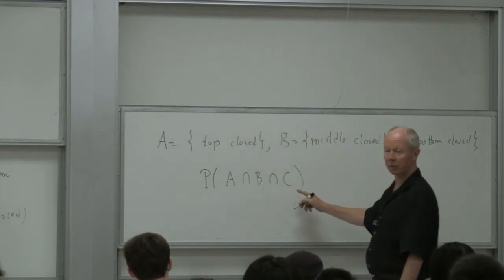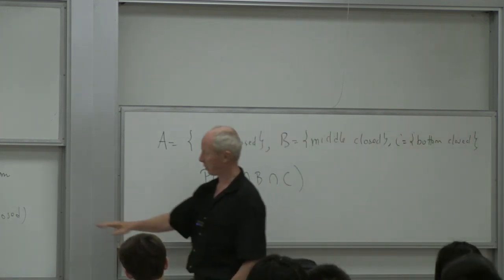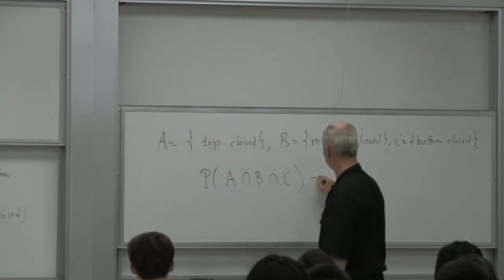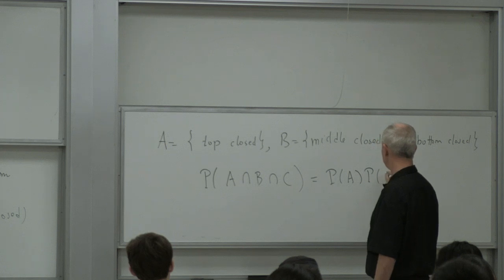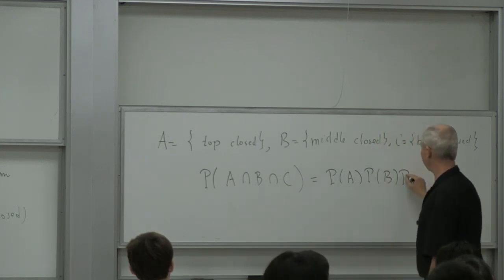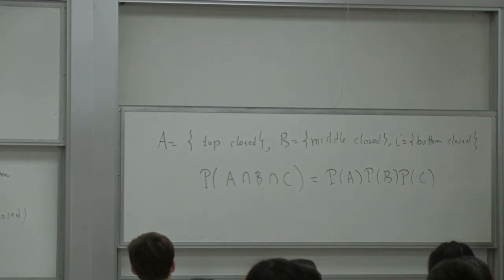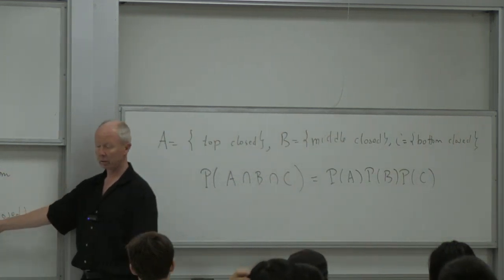What's this event? The intersection? All three of them are closed, so that's this. Okay. Independence is a statement that the probability of the intersection is the product of the probabilities. Okay, so that's what we use from here to here.